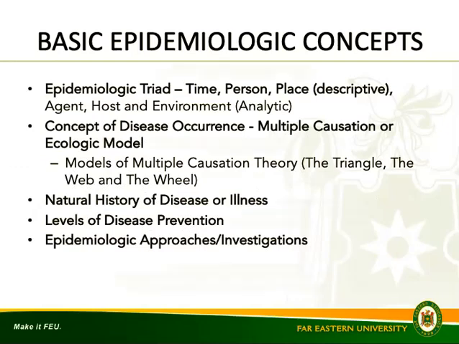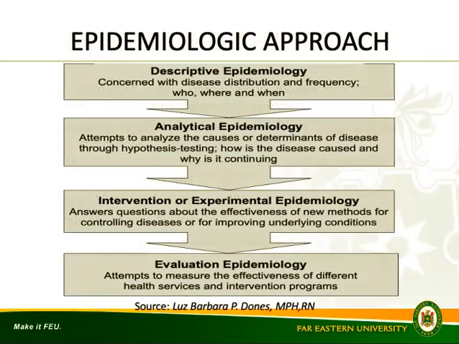So, epidemiology rests on these important concepts. But before we proceed, we need to understand the different epidemiologic approaches. And there are four. So first we have descriptive epidemiology, which is concerned with disease distribution and frequency, and answers the questions who, where, and when.